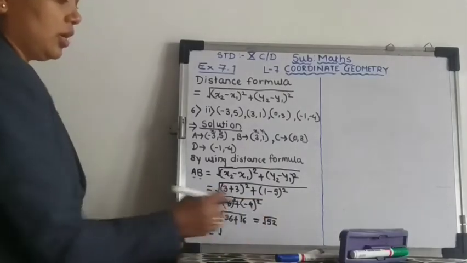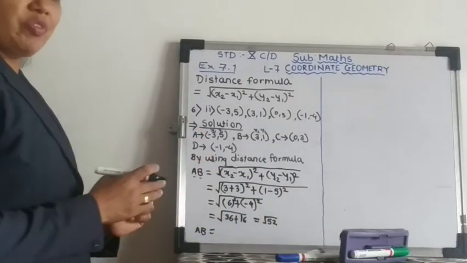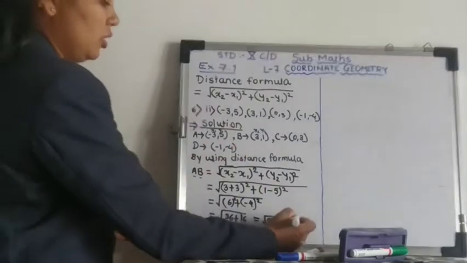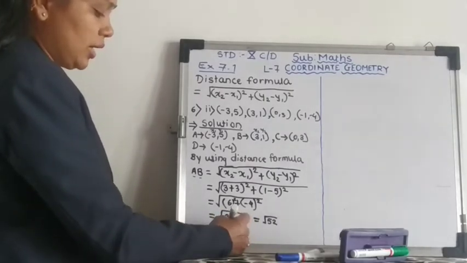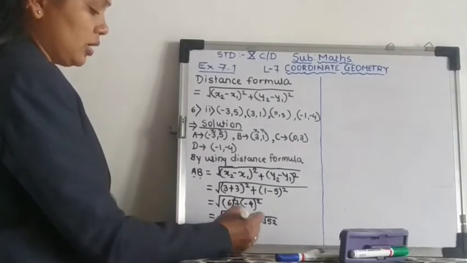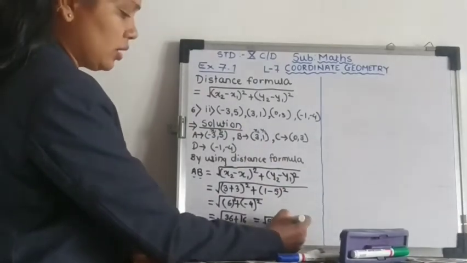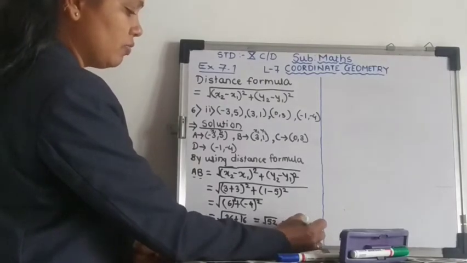Now if we simplify 52, 13 fours are 52. So we write 2 outside and 13 inside, because 4 is the complete square of 2. So one more step we include: 13 fours.